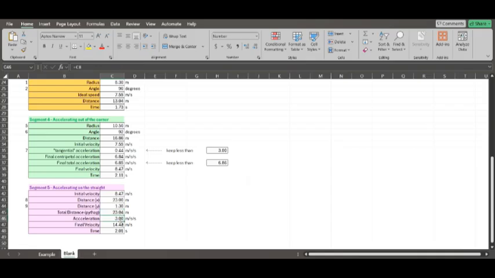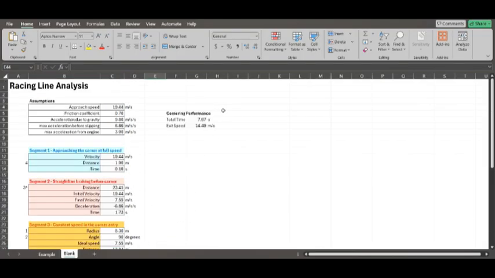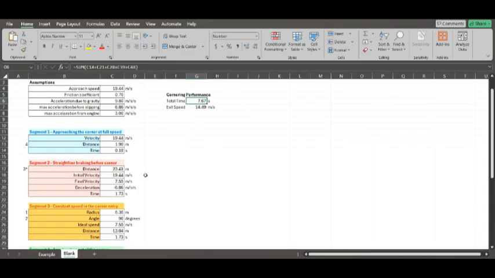Again, that's our maximum acceleration that we can get out of the karts, not because of friction, but because of just the limitation of the power of the engine. So we've got our final velocity and our final time. That's our exit velocity, 14.49, and that's the time it took to get around the corner, 7.67 seconds.